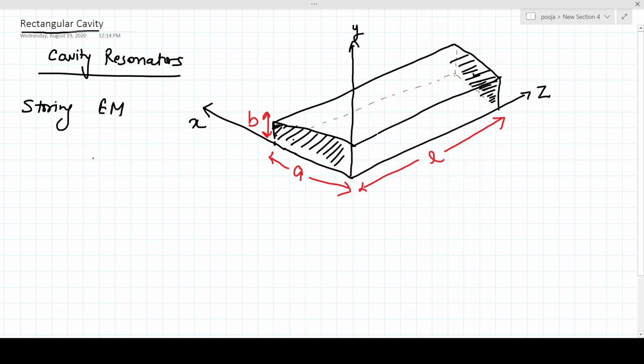The stored electromagnetic energy inside the cavity determines the equivalent inductance and capacitance of the waveguide, and the power dissipated as heat through the walls of the cavity determines the equivalent resistance. Since we have R, L and C, we can determine the resonant frequency.